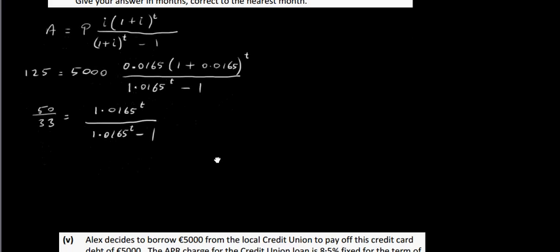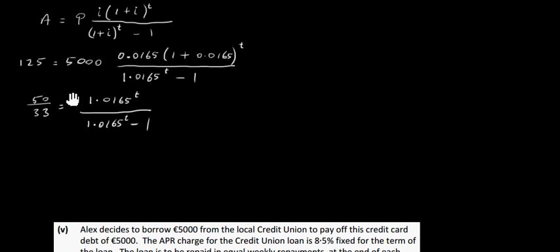Right, so next thing I'm going to do is cross multiply here. I'm going to multiply across by 33, and I'm going to multiply across by this, but effectively I'm going to cross multiply the top by the bottom, bottom by the top, because I have a fraction equal to a fraction.